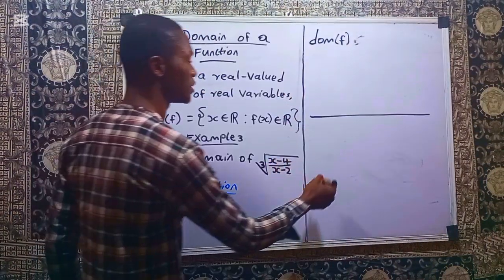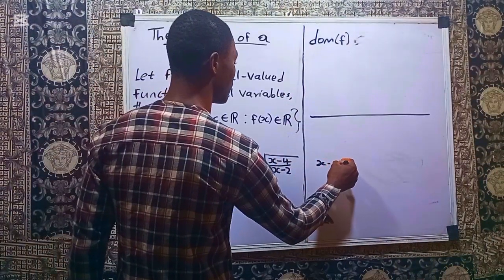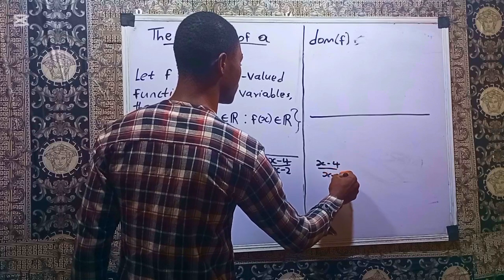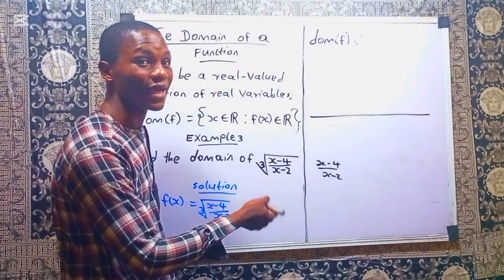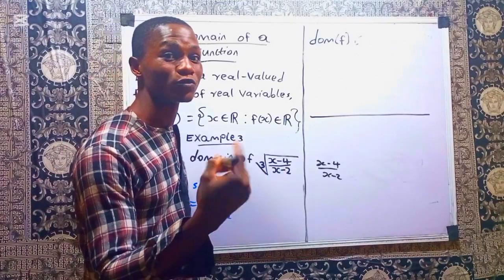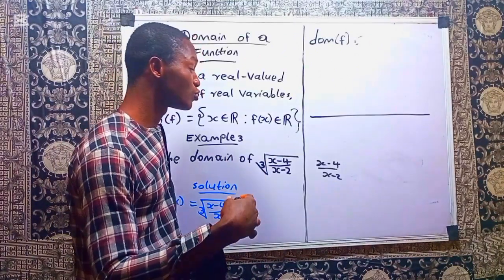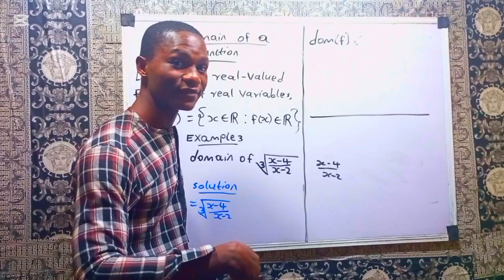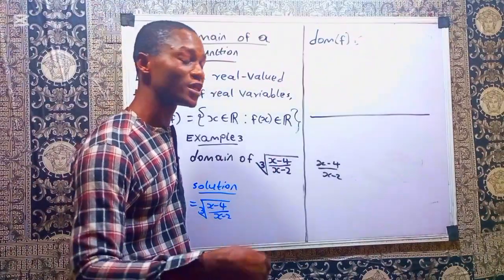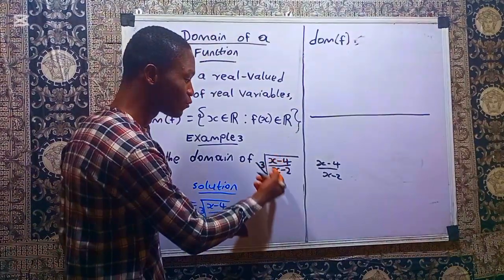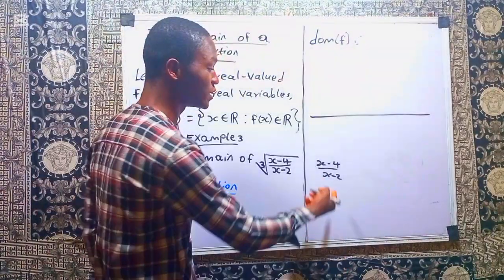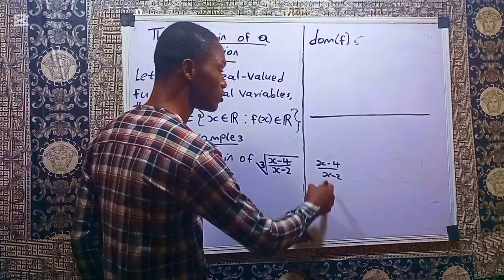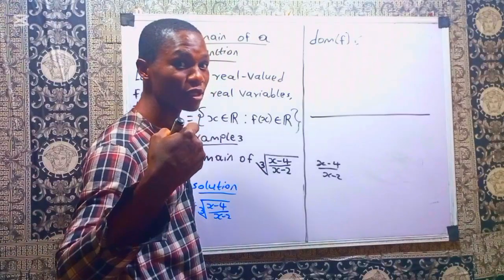This fraction, that's x minus 4 over x minus 2. We don't want infinity here, right? That's the only case where the third root does not exist. But third root of negative number, positive number, 0 exists. So we don't want this quantity to be infinity. And the only time it will be infinity is when the denominator is 0. So let's remove that point that will make the denominator 0.